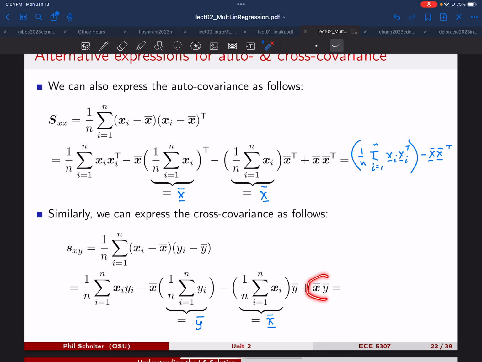This one cancels this one. And so we just have the first term and that.